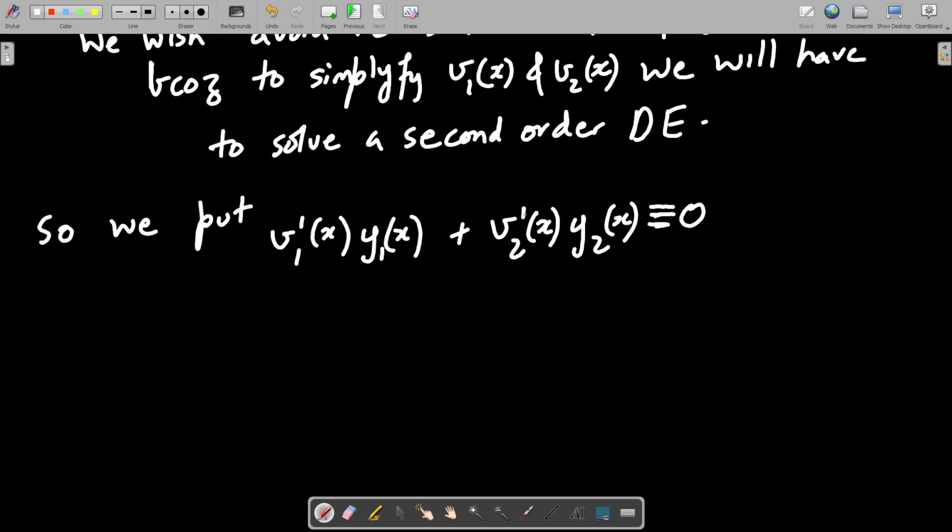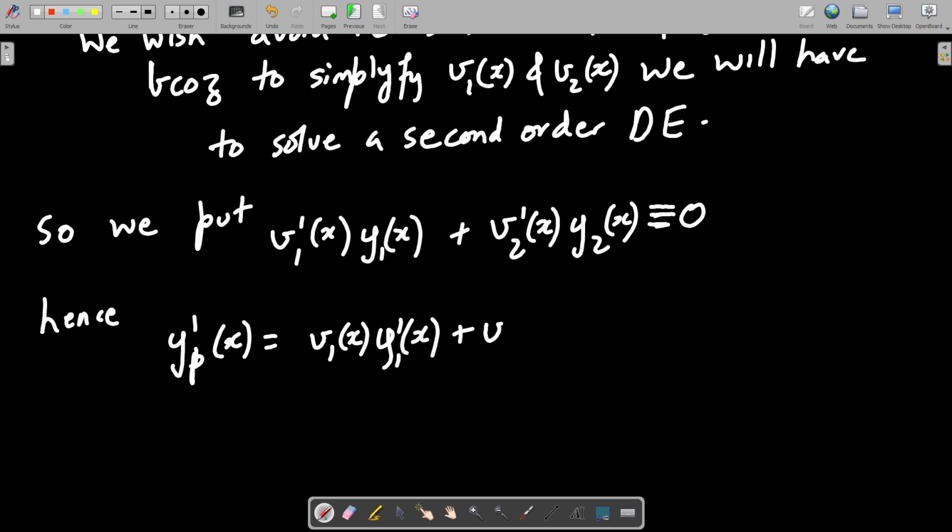Hence yp prime of x will remain only as the other term, that was v1 of x into y1 prime of x plus v2 of x into y2 prime of x.